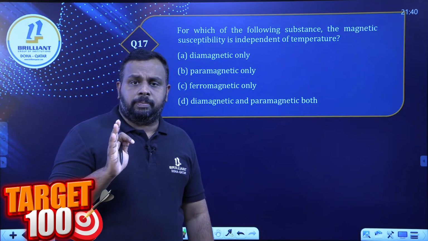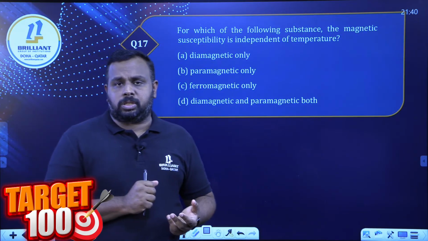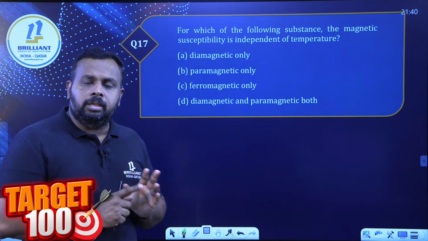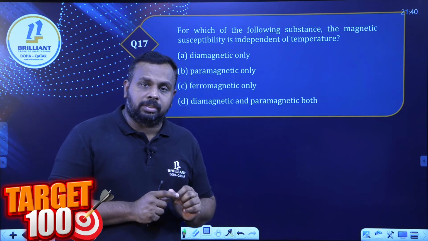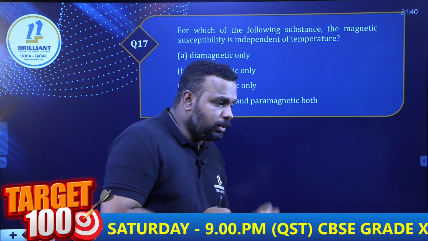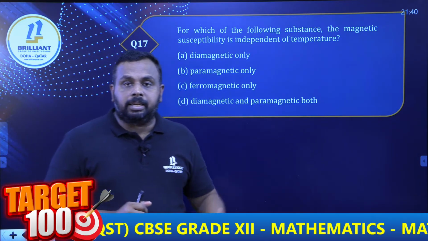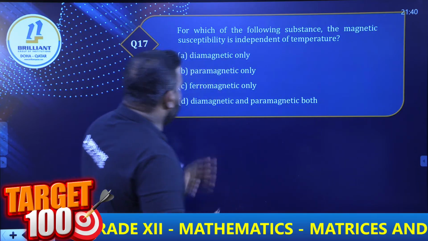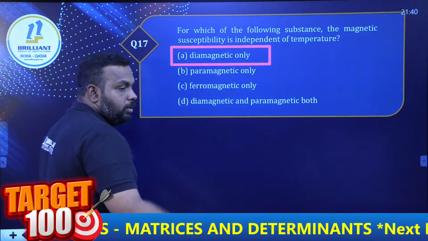For a diamagnetic substance, how does the susceptibility depend on temperature? It is independent. For para and ferro, can you comment on the relation? How does susceptibility depend on temperature for paramagnetic and ferro? Your answers are correct. Independent for diamagnetic.